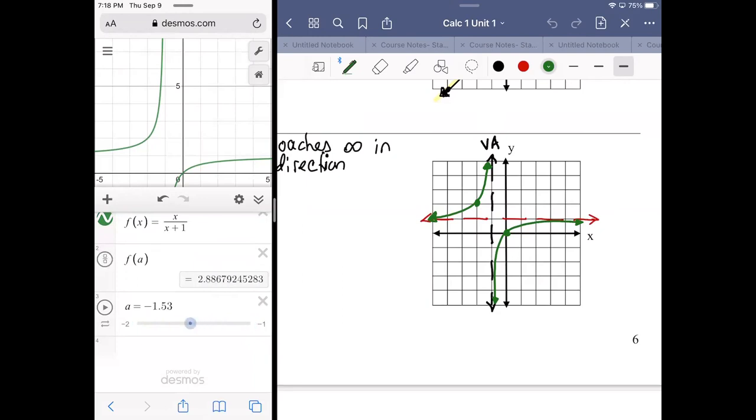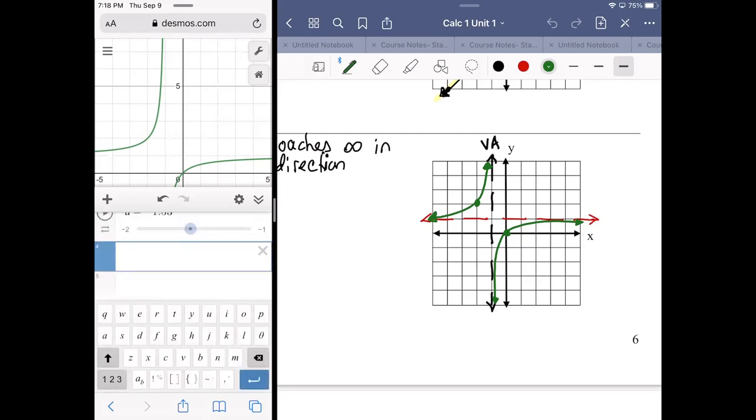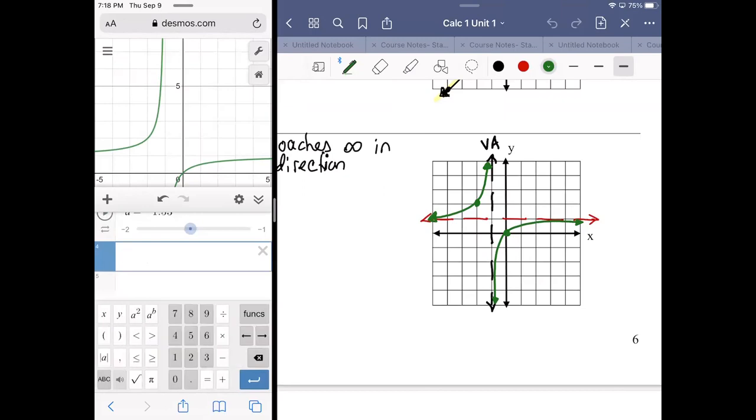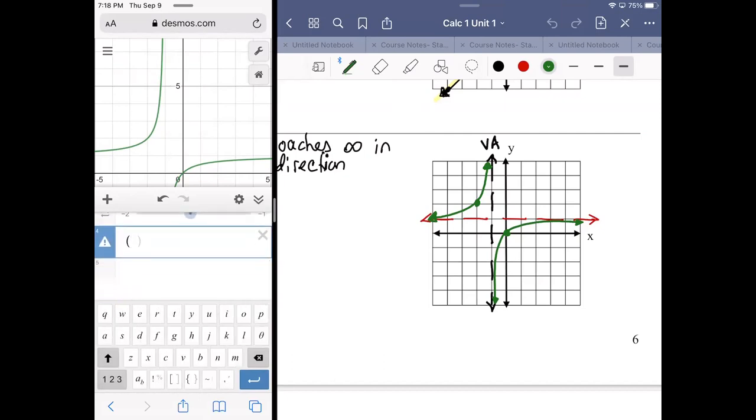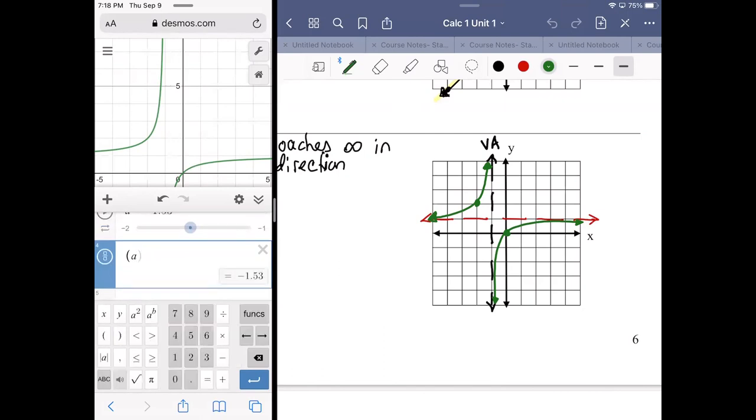Now, something a little bit nicer would be if you actually wanted to have a point move on the graph. The way you would do that would be to plot a point. A point would normally be x comma y, right? But if my x value is now represented by the letter A, I can type in an A here. If my y value is now represented by f of A, I can type f of A here.